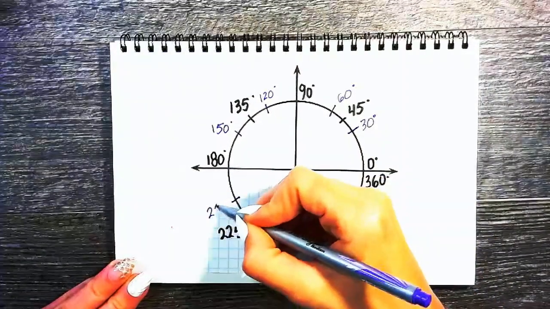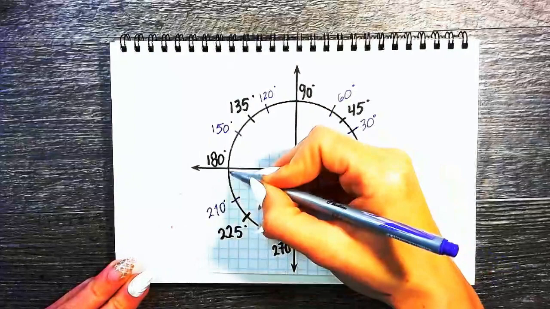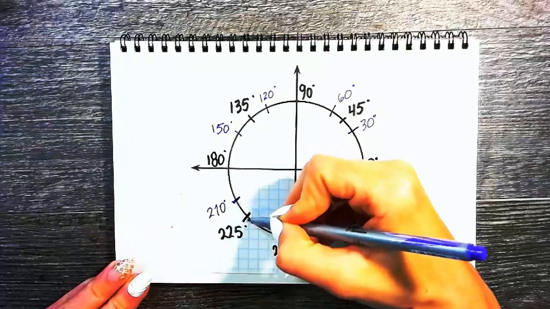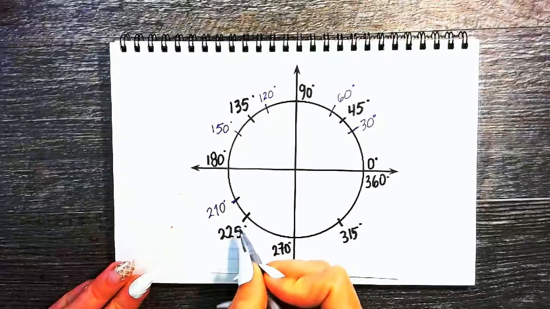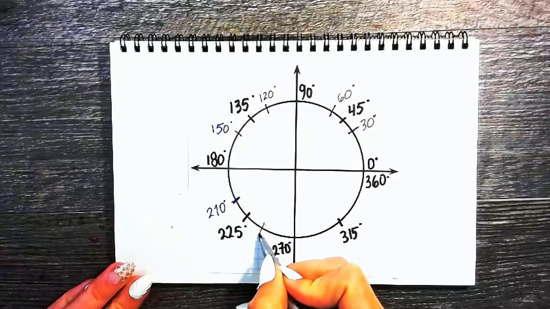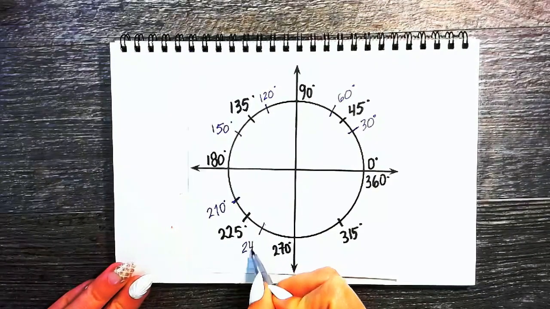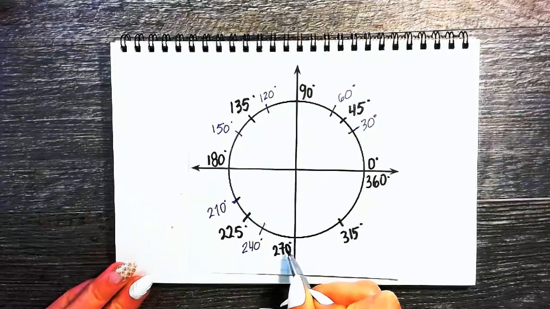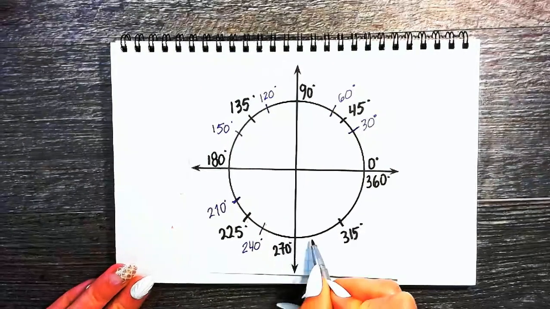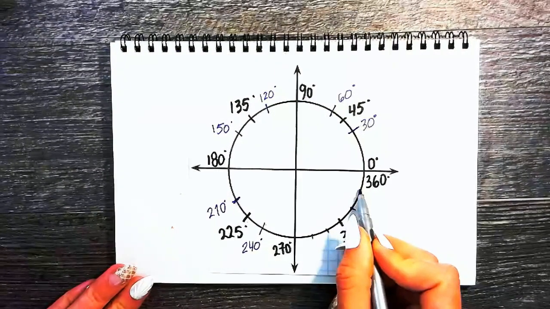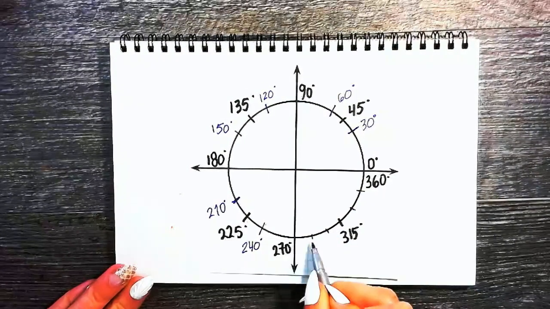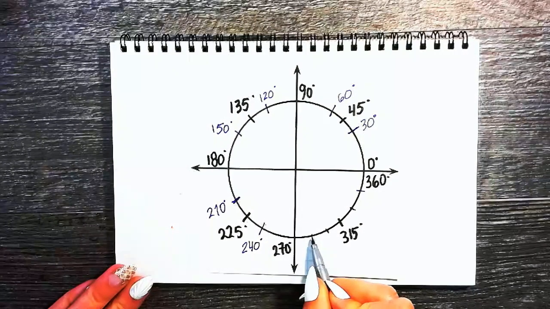210. Another important thing: this tick mark does not go in the middle of 180 and 225. It's actually a little bit closer to 225 degrees. 240, 270. In fact, if I counted by 15s, you would hit 285.